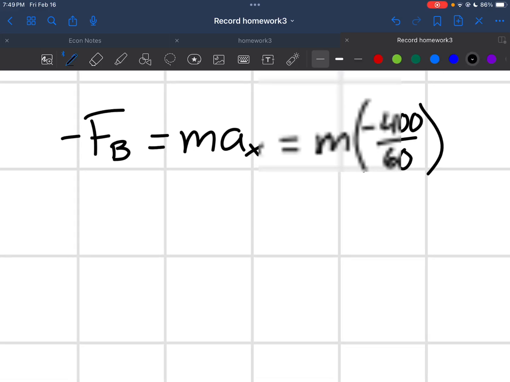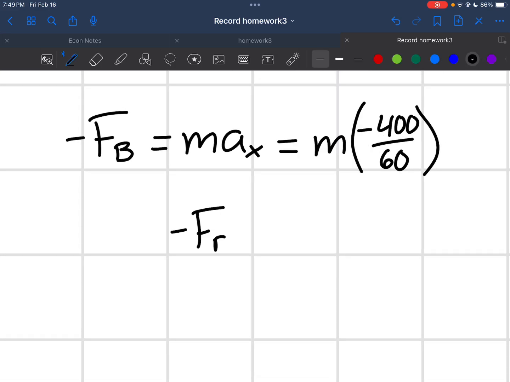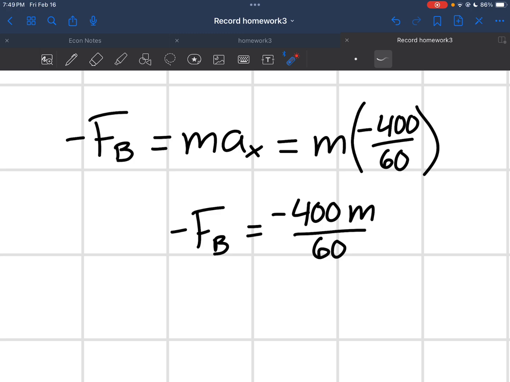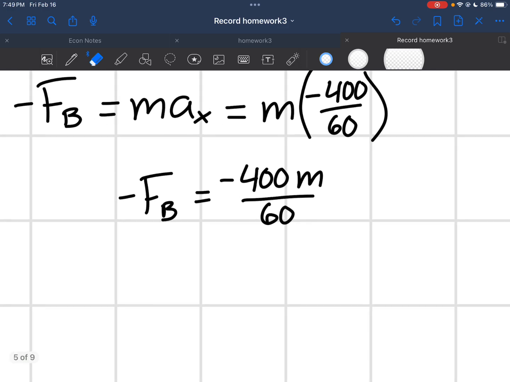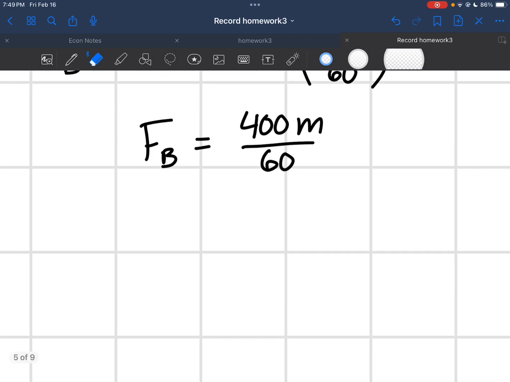So if I rewrite this real quick, minus my force of the brakes will be minus 400 m over 60. I just moved the mass up into the fraction because it's multiplying, it's all the same. And because it's negative on both sides, I'm going to multiply both sides of my equation by -1, so I can just get rid of that. Because remember, F_B, that's the magnitude of the force of the brakes.